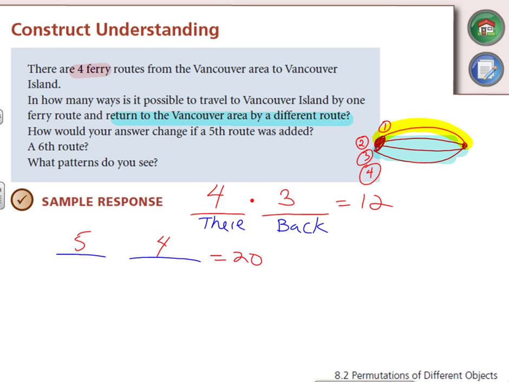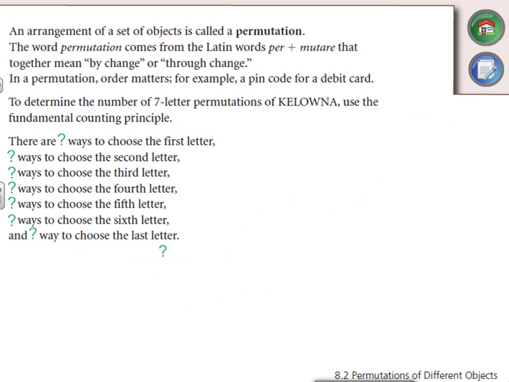And if we go with the next one, on the way there, on the way back, with 6 routes. 6 on the way there, 1 less on the way back, 5. 6 times 5, 30. The second number is always 1 less than the first. Interesting. So what we've just been talking about there is called a permutation.